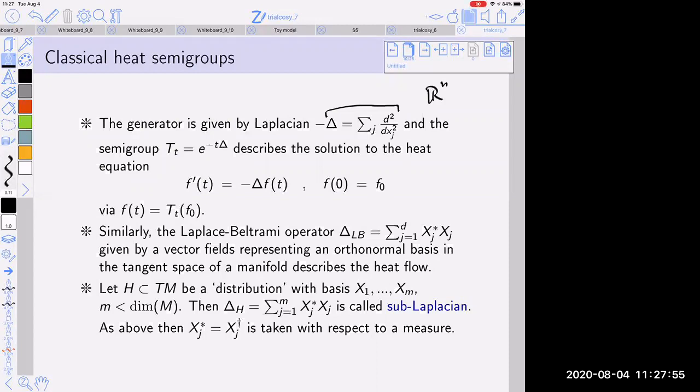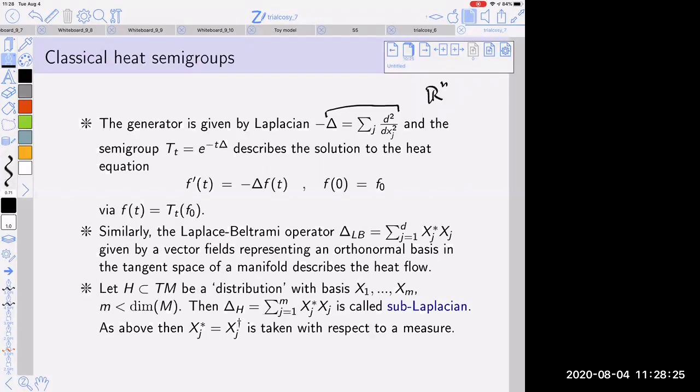The difference between the Laplacian and the Sub-Laplacian, I will show a picture in a moment, is essentially the following. You have a manifold, and a manifold has a certain dimension. It's a surface embedded in free space, so the dimension is 2. If this has a certain dimension, the tangent space also has a certain dimension. So the Laplace-Beltrami operator takes a basis, locally, in every possible direction. If the surface is 2-dimensional, you have 2 of these; if it's a 3-dimensional object in 4-space, it's 3.